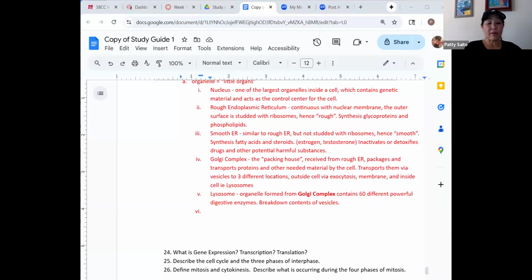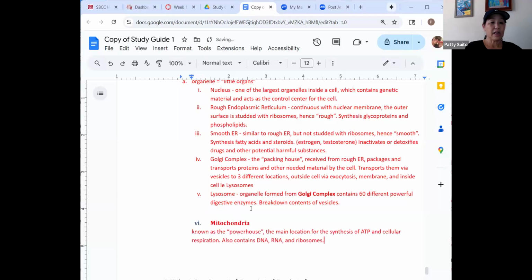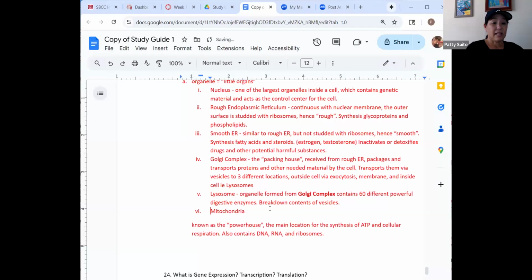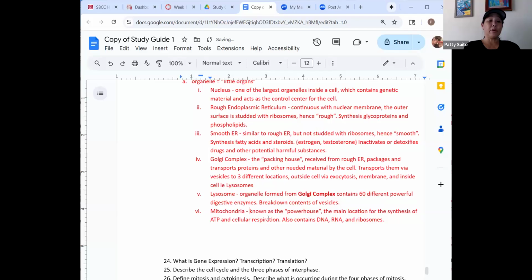All right, next we have the mitochondria, sometimes called the powerhouse of the cell. Within the cell, the food that was prepared then goes to the mitochondria where we produce ATP, so energy.